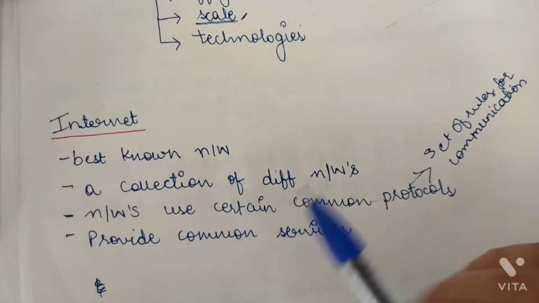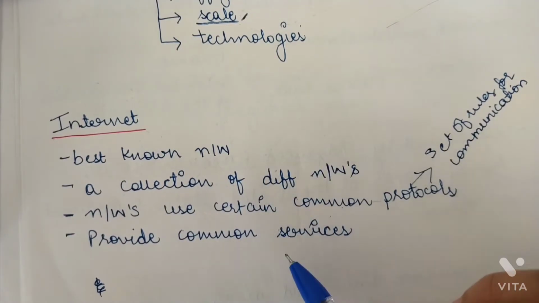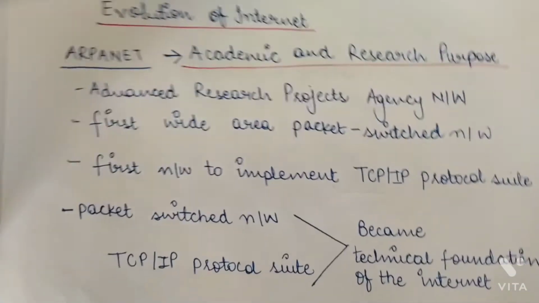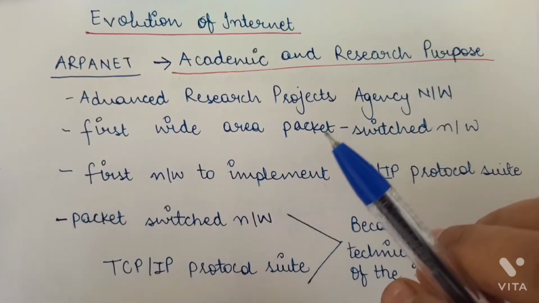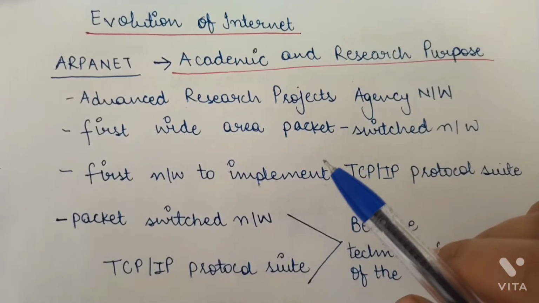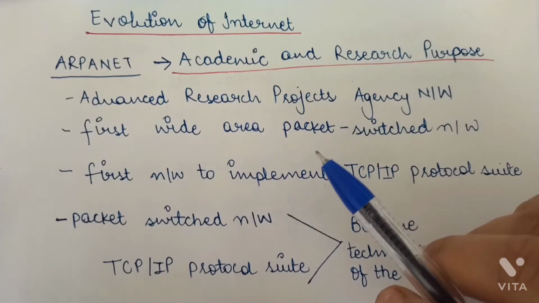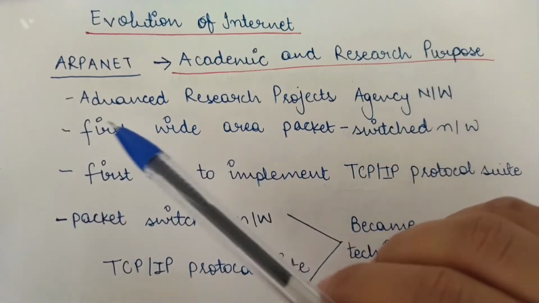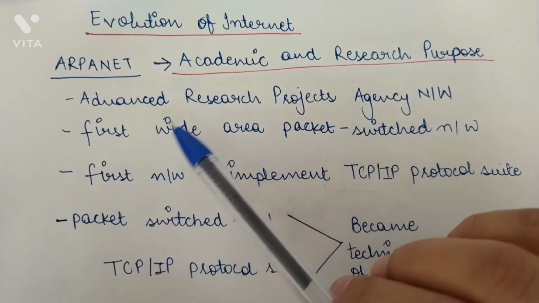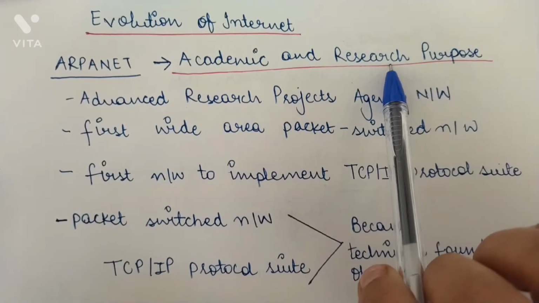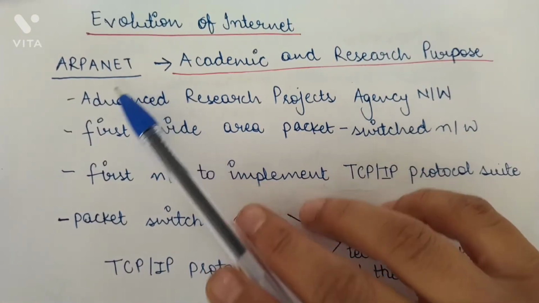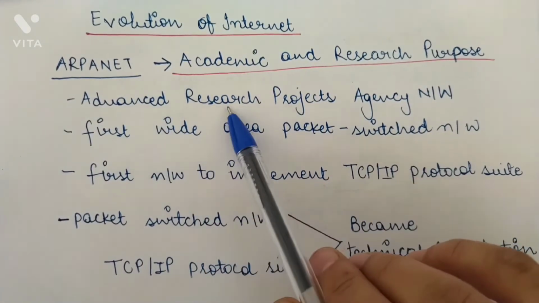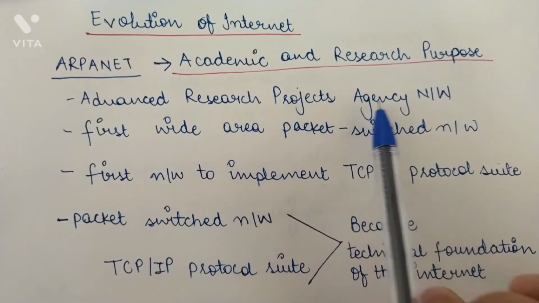We all know these things about the internet. Now we will see the evolution of the internet, that is, how the internet evolved over time and how we got the internet that we use today. It all started with academic and research purposes. It was named ARPANET, which stands for Advanced Research Projects Agency Network.